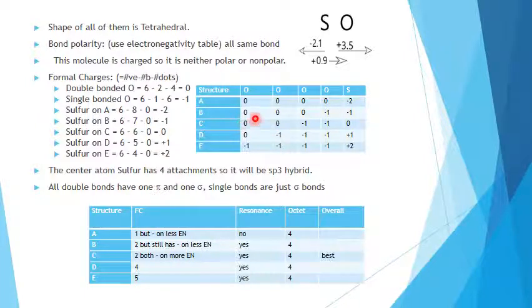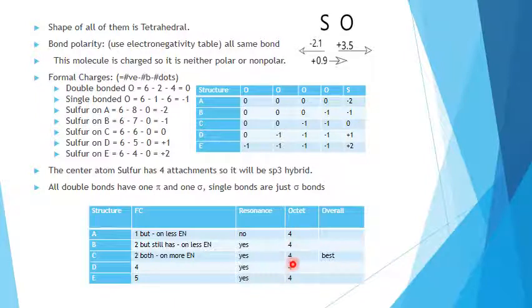B and C have two formal charges, but what C does is it puts the formal charges on the oxygen, and both of these have resonance. Now they all have octets on the oxygens, so that doesn't seem to determine anything.